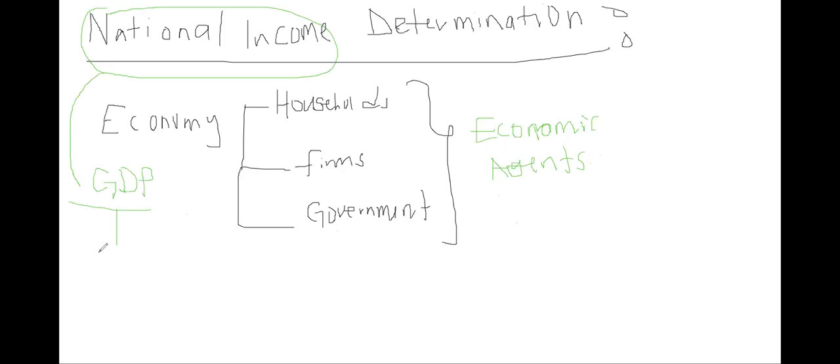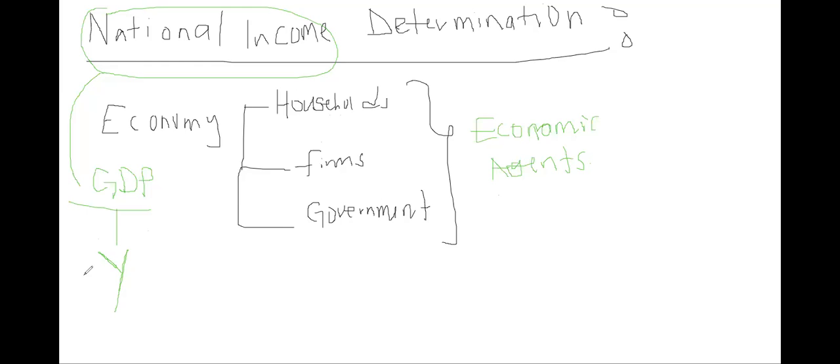Normally we represent GDP with Y. National income is nothing but the total income that households and firms earn. So normally the national income of a country is this.